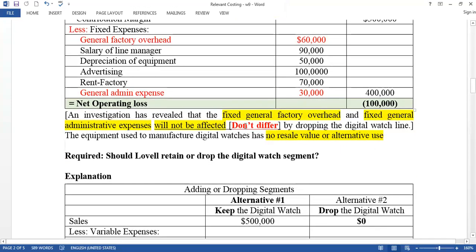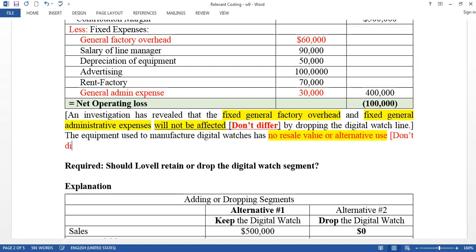Question said that the equipment used to manufacture this product has no resale value, and has no alternative use. That means don't differ. Why don't differ? Because you produce the product or you do not produce the product.